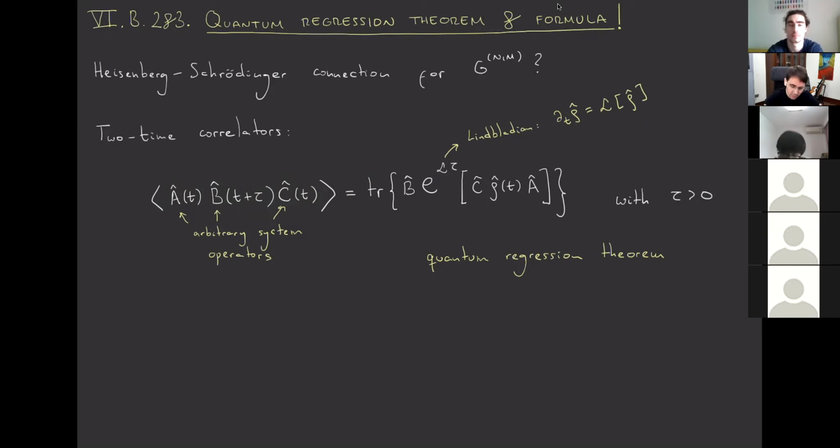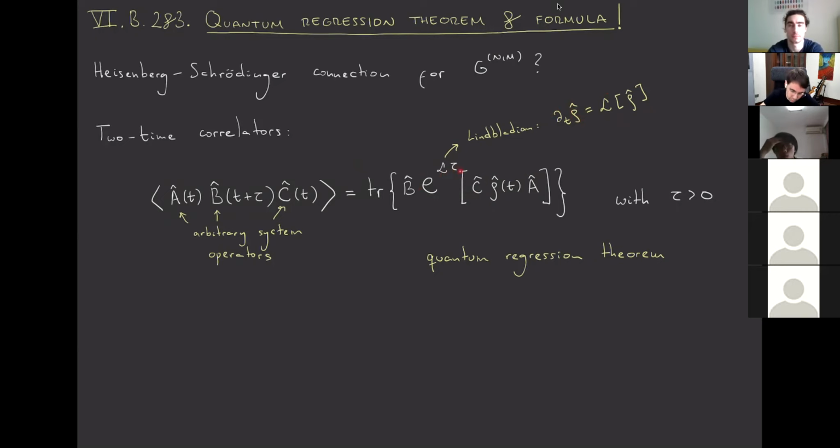So then what you see is that this two-time correlation function that we can measure in the lab is equal, in the Schrodinger picture, to just taking the state at time t, operating on the state with the operators C and A, then evolving the corresponding operator according to the master equation for a time tau. This is a linear equation, the solution of which is just the exponential of L tau acting on the state at time 0.